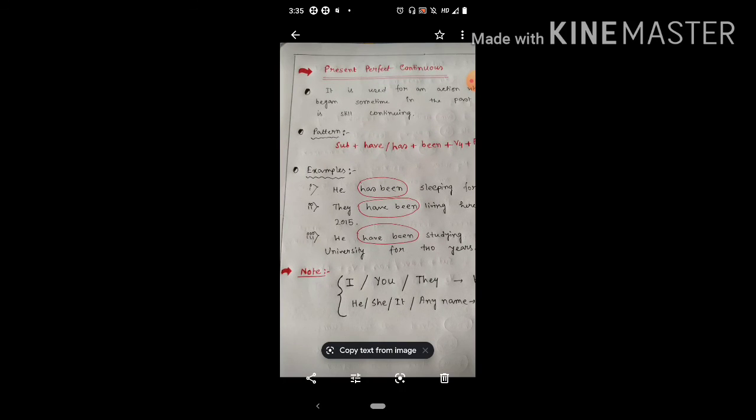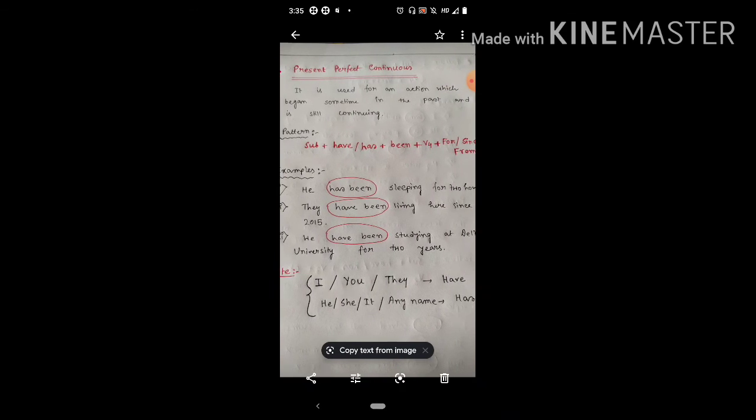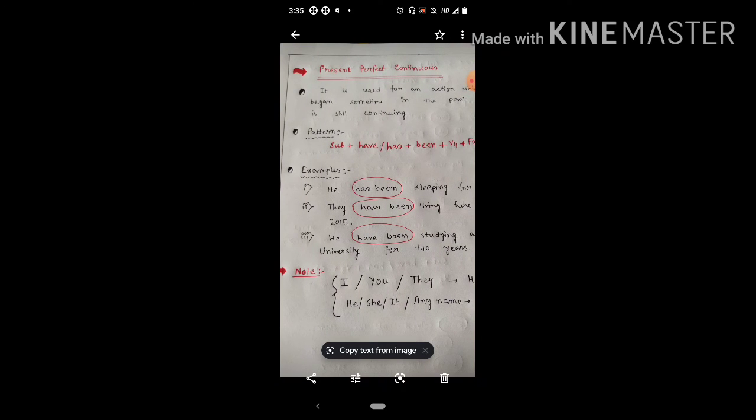Now come to the last point of present tense, that is present perfect continuous tense. The present perfect continuous tense is used for an action which began sometime in the past and is still continuing at the present.